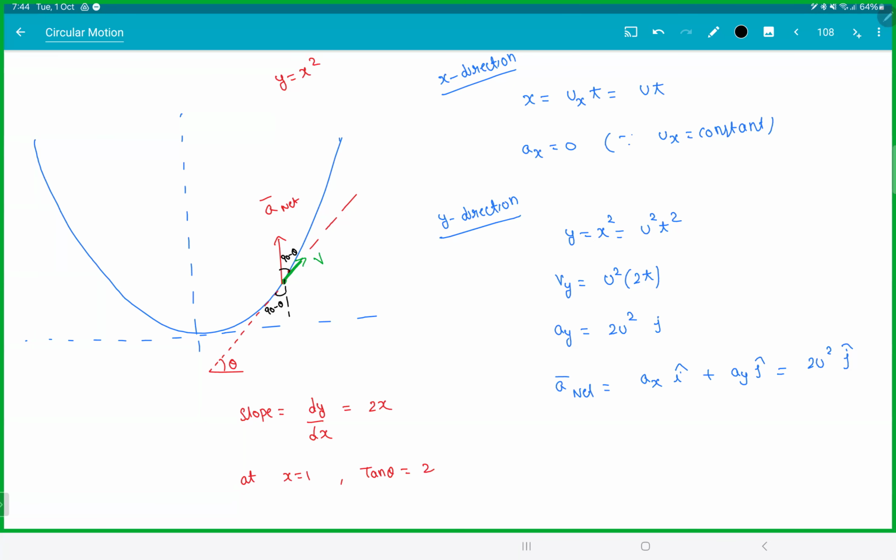Have a look at till here. Let me show you the next page again. The net acceleration is 2u square j cap. So this particle always has a vertical acceleration 2u square, which is constant. Horizontally, there's no acceleration. Horizontal speed is constant, but vertically, the speed is increasing.